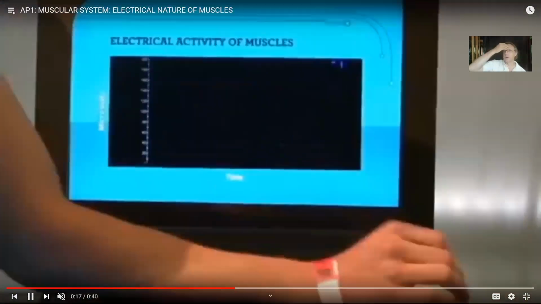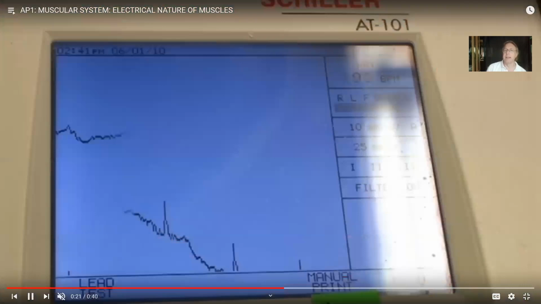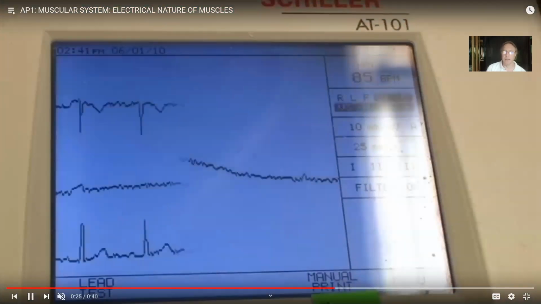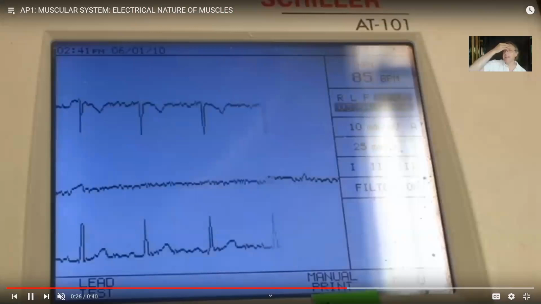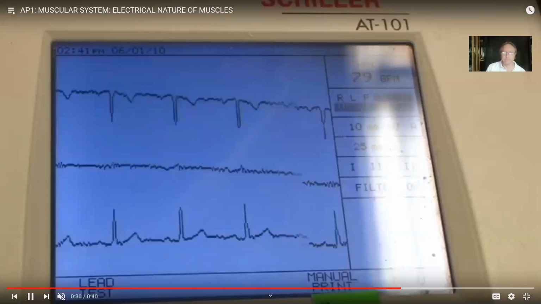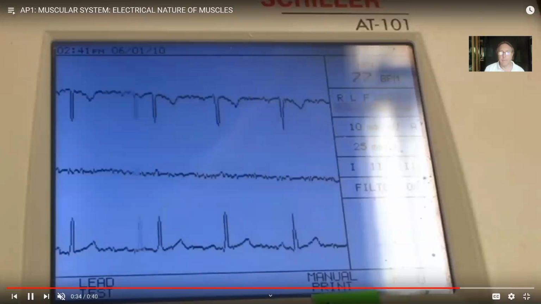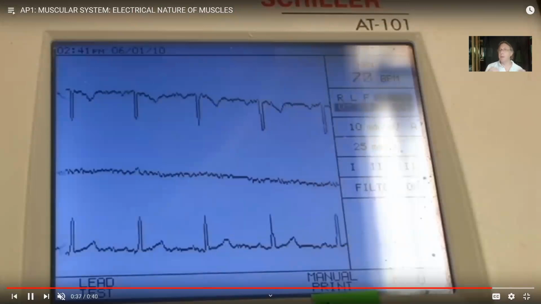And so whether you had an ECG, which is measuring the electrical activity in the cardiac muscle of the heart, as you can see here, or an EEG, an electroencephalogram, you can then measure the electrical activity that occurs in muscle cells.